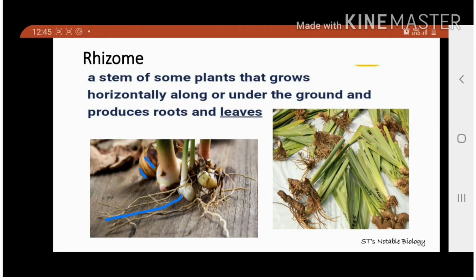Adventitious roots are present on the ventral side. You can observe in this picture the adventitious roots present on the ventral side, meaning the lower side. Examples of rhizomes are ginger and turmeric.